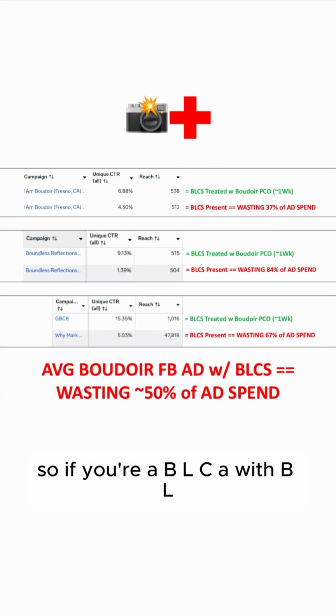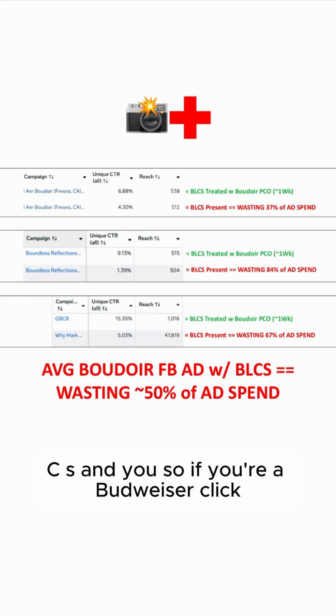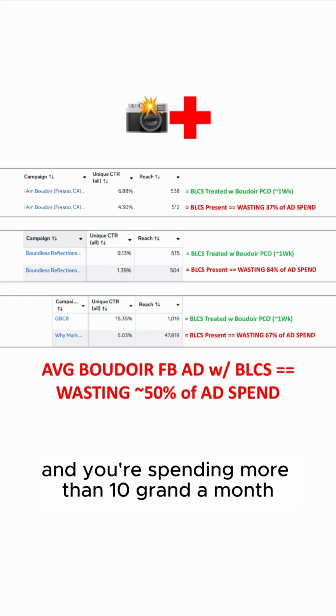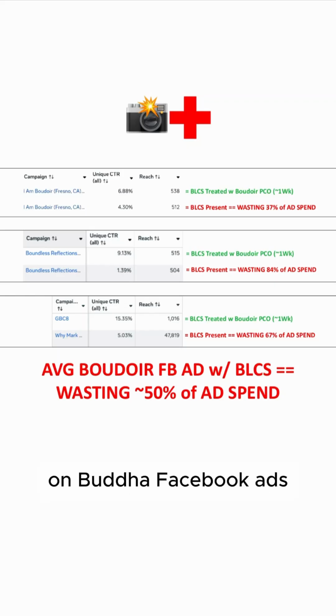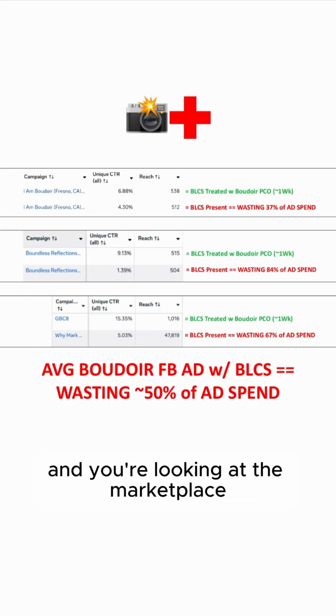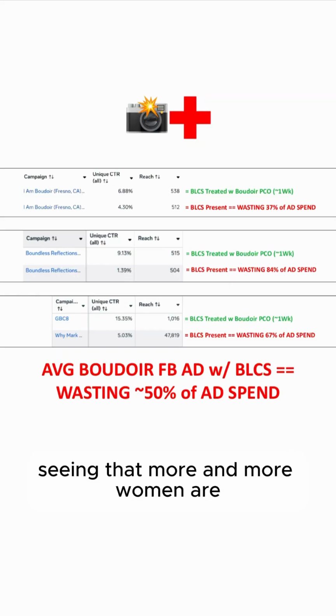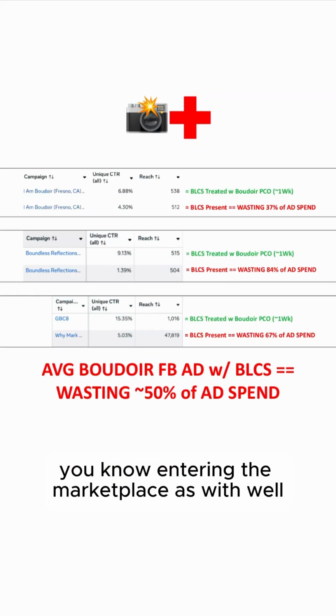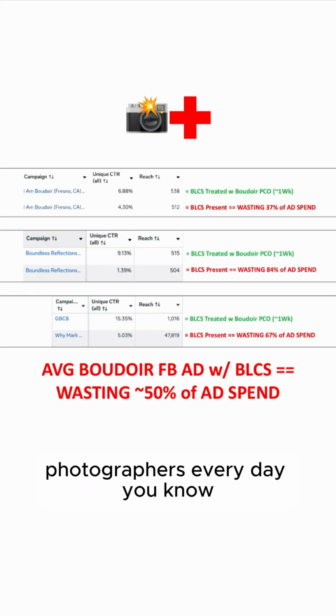So if you're a Boudoir low click advertiser with Boudoir low click syndrome and you're spending more than 10 grand a month on Boudoir Facebook ads and you're looking at the marketplace seeing that more and more women are entering the marketplace as boudoir photographers every day.